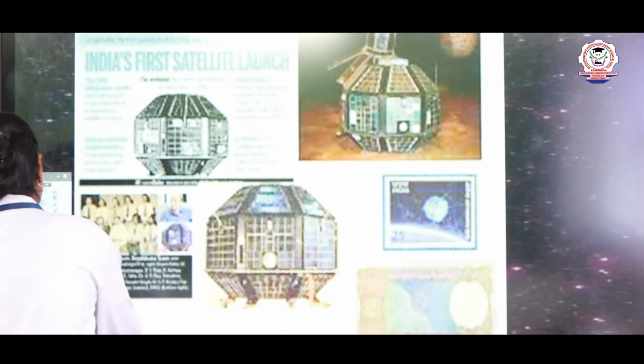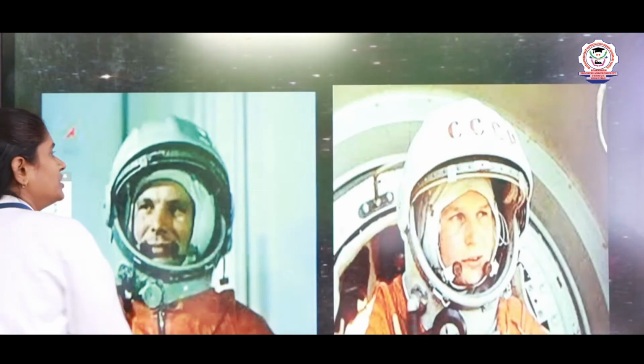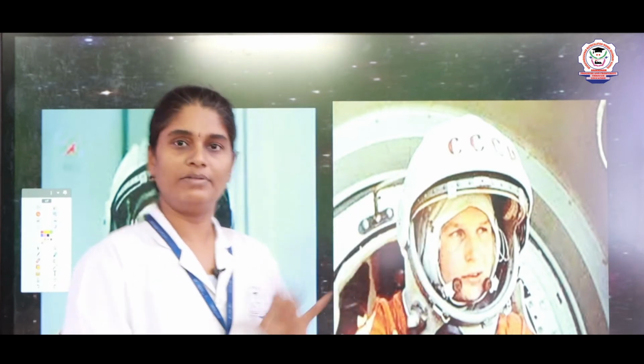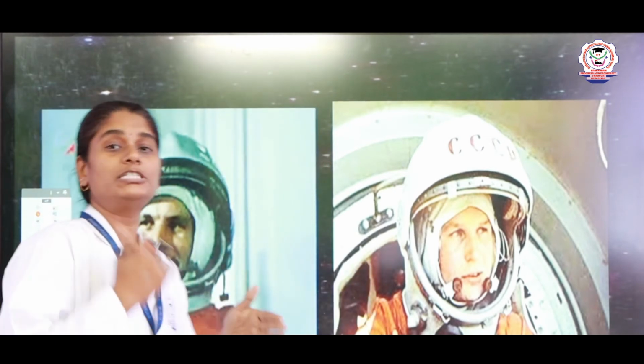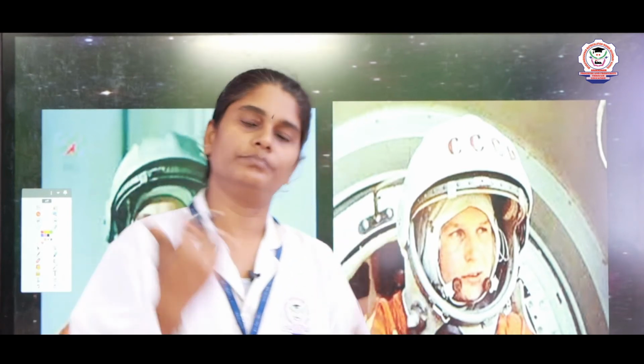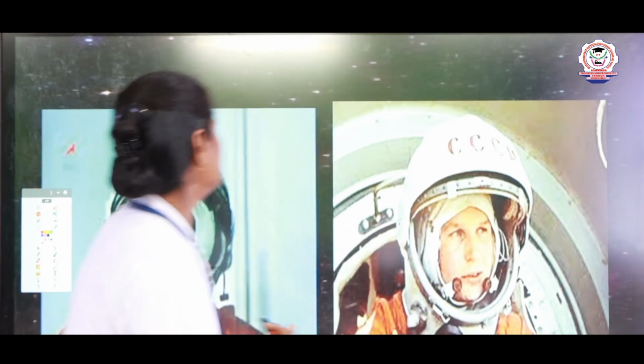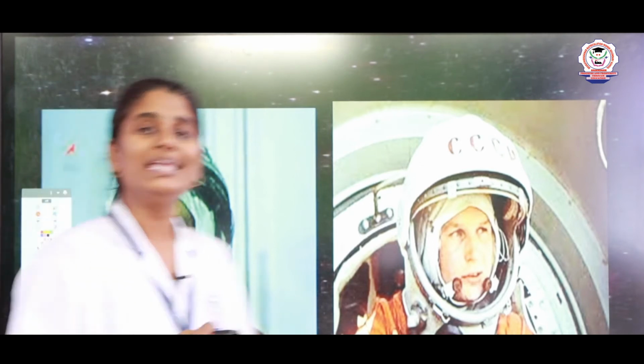Now, just as spacecrafts are non-living things that went to space, there are human beings also that went to space, right. The first man who went to space, his name is Yuri Gagarin.